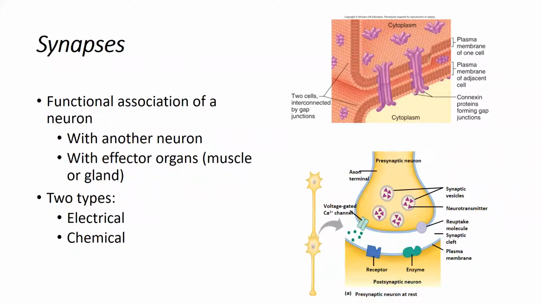Previous research suggested that it was only found in the developing brain, and it was not at all seen in the adult brain. More recent research has proven that that's not true. We do have electrical synapses in the adult brain. It's not very common, so we will not speak about it a lot. The chemical synapse is where we will really focus for the remainder of today.